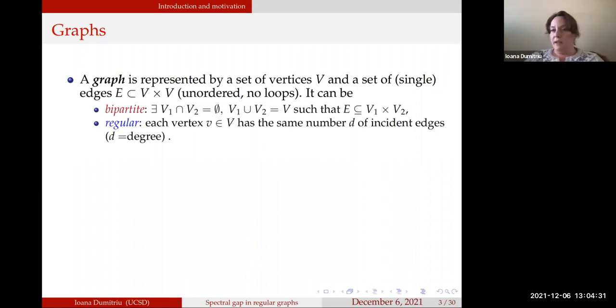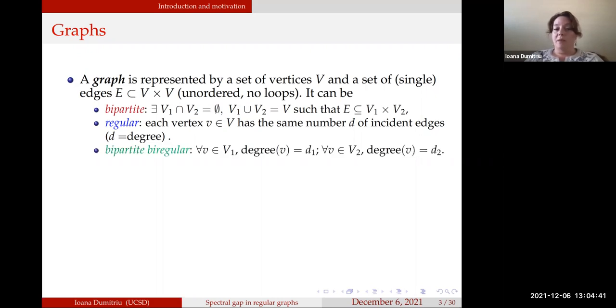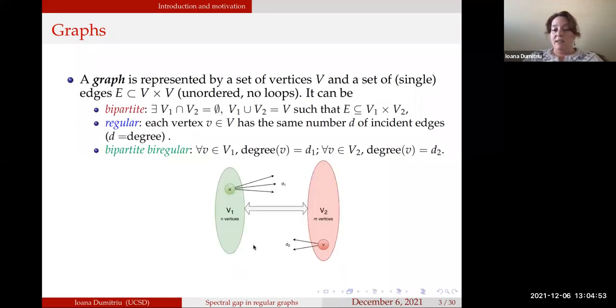A graph can be regular, meaning that each vertex has the same number of incident edges. So the degree of each vertex is the same. And a graph can be bipartite biregular, which is a combination of these two notions and an adaptation thereof as well, in the following sense. So we have these two classes, V1 and V2. They may have different numbers of vertices. So it may have n vertices in the first class, m vertices in the second. And all vertices in the first class have the same degree D1.